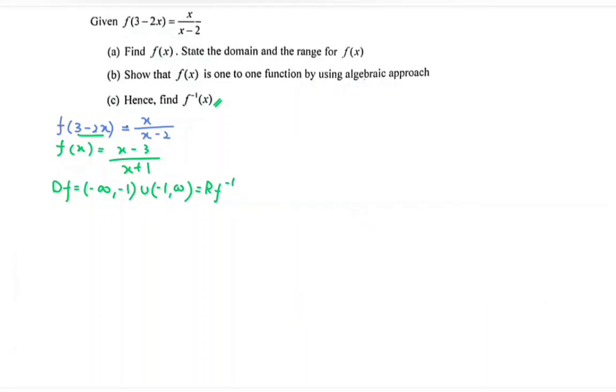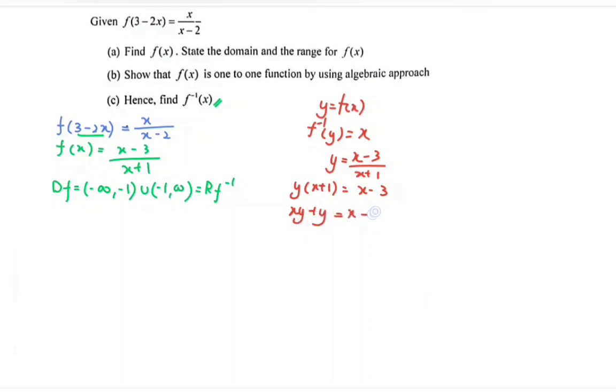Kindly refer to part c. Find the f inverse. Do you remember the statement y equals f(x)? So f inverse of y equals x. So kindly substitute. y equals (x minus 3) over (x plus 1). So we have y multiplied with (x plus 1) equals x minus 3. xy plus y equals x minus 3.